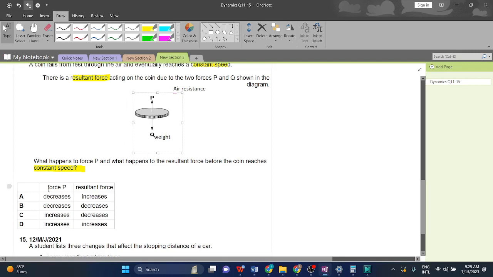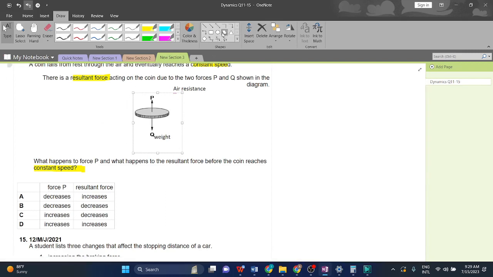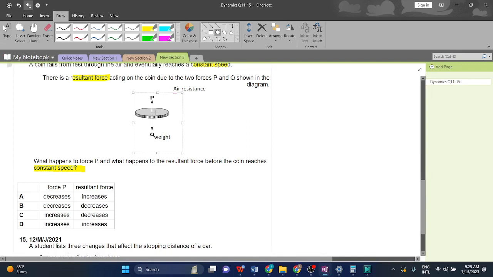So initially force P will start to increase because force P is air resistance, and as the speed increases, air resistance increases.